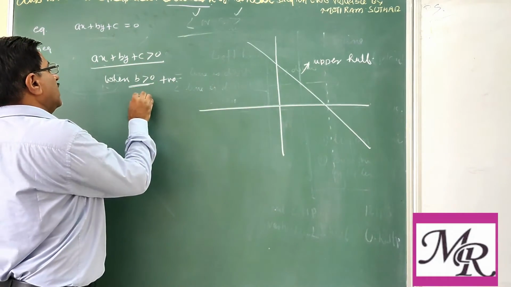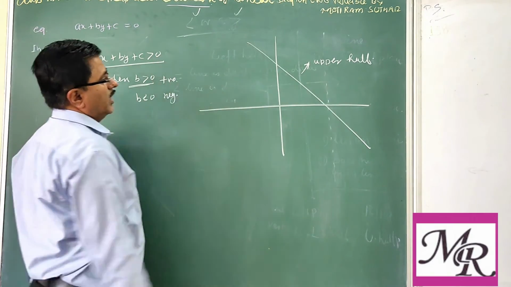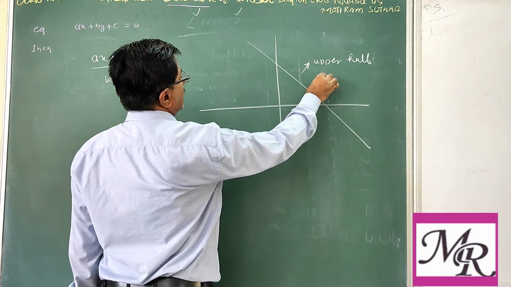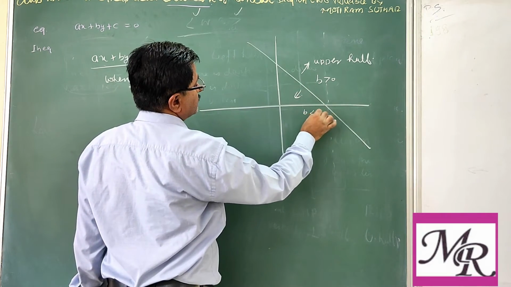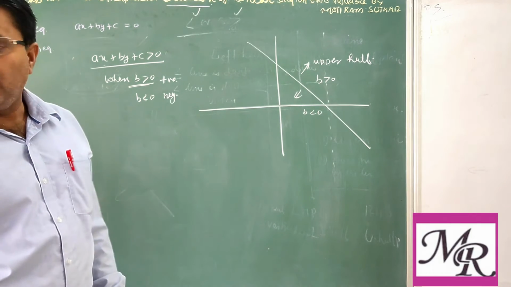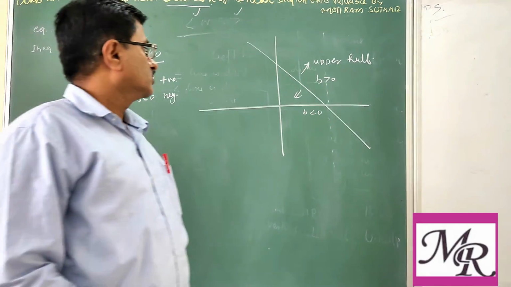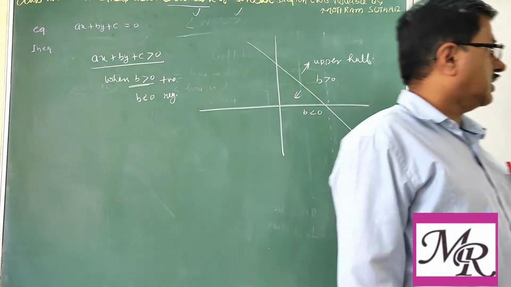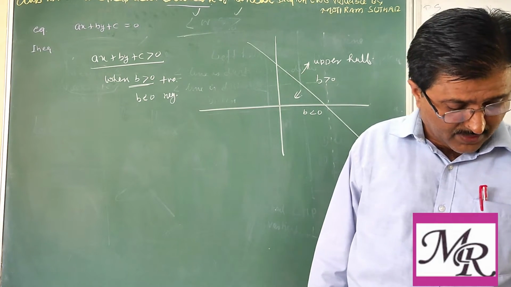And when b is less than 0, that is negative, then the solution will be on this side. So it depends on the value of b. Clear? So we can say which side the solution will lie on, either upper or lower.